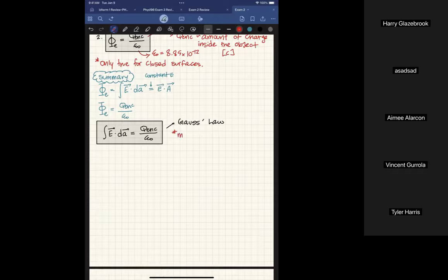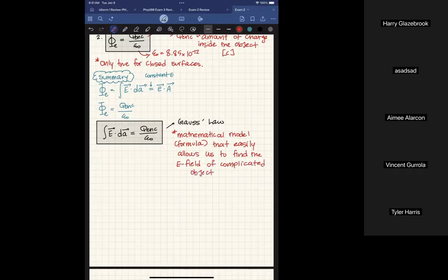So this is a mathematical model or formula that easily allows us to find the electric field, the E field, of complicated objects.